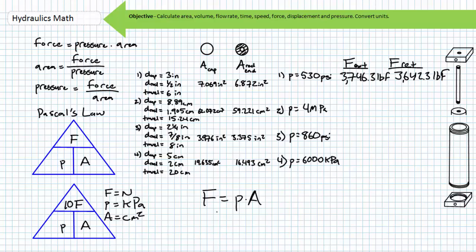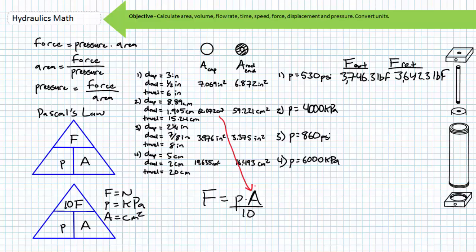Consider yet another cylinder with the following dimensions. It has a cap diameter of 8.89 centimeters, a rod diameter of 1.905 centimeters, and an input pressure of 4 megapascals, or 4,000 kilopascals.